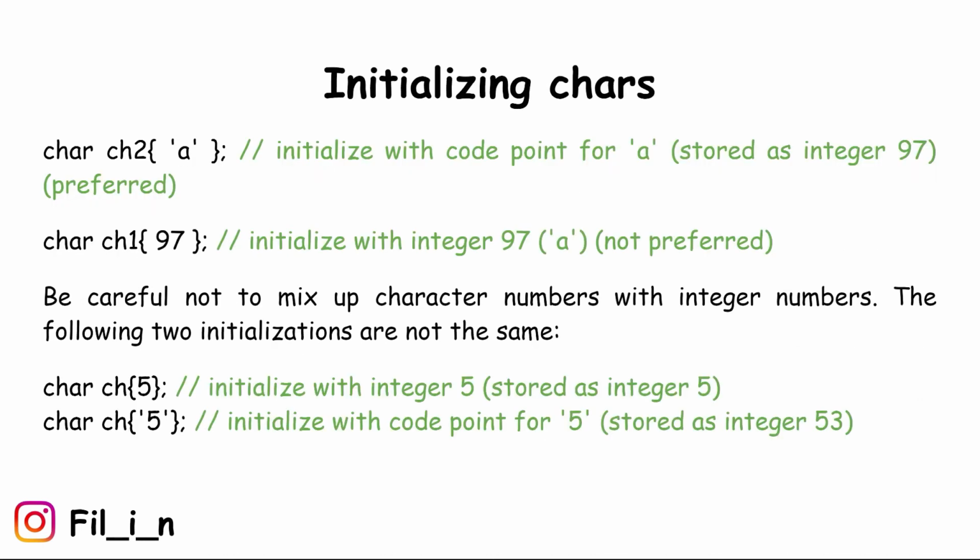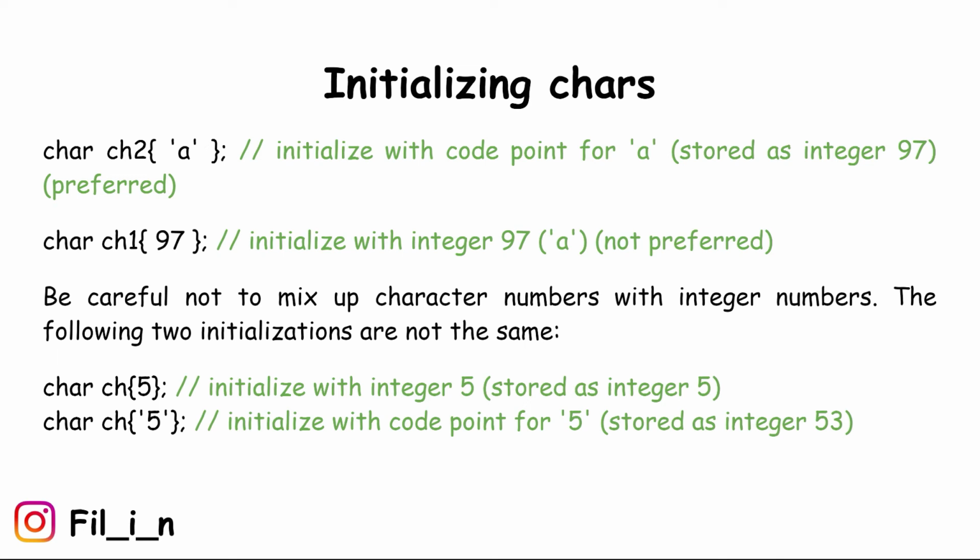char ch2 = 'a', initialize with code point for a, stored as integer 97, preferred. char ch1 = 97, initialize with integer 97, not preferred. Be careful not to mix up character numbers with integer numbers.